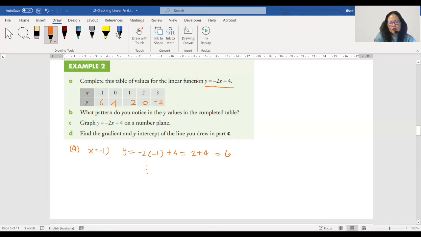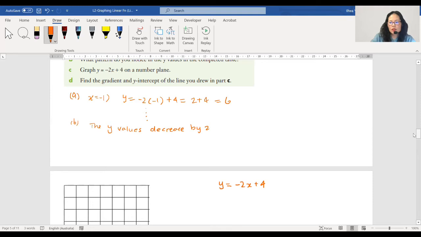It's going down by 2, isn't it? So the pattern here is the y values decrease by 2. That's all. Okay, I'm going to sketch this one.